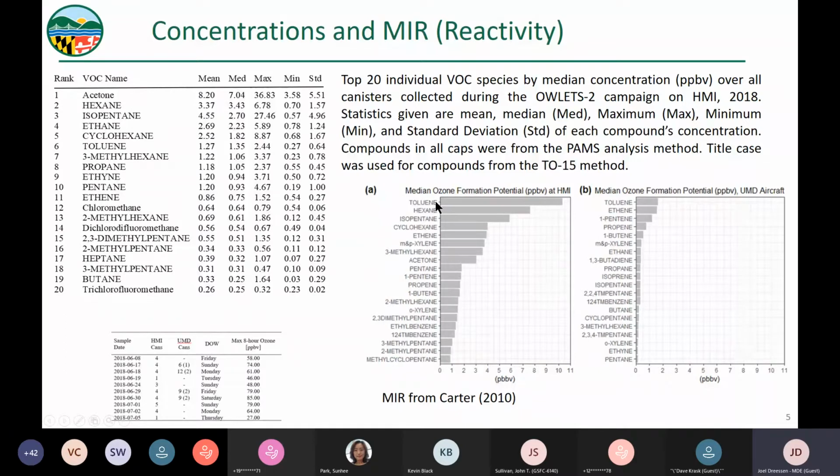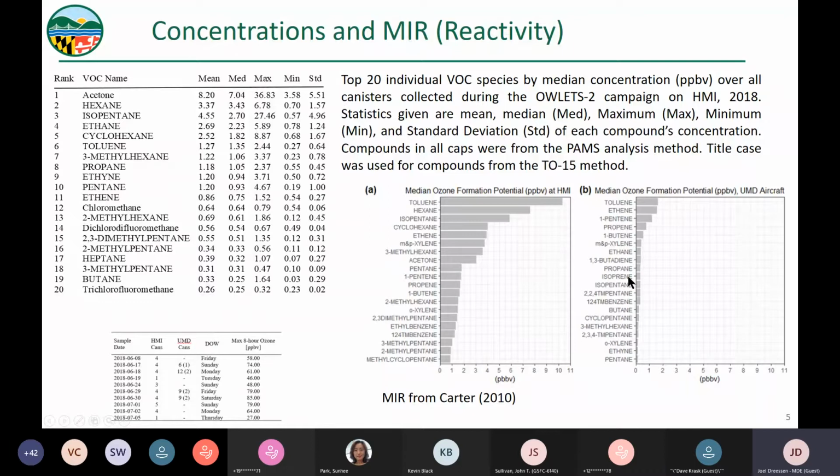So the list here on the left is from Hart-Miller Island. On the right is from the University of Maryland aircraft data, from some of our flight days, just to see a different comparison. You see a lot more potential ozone formation from these in these cans on the island than were in the aircraft. You also see a different set of compounds that are there.